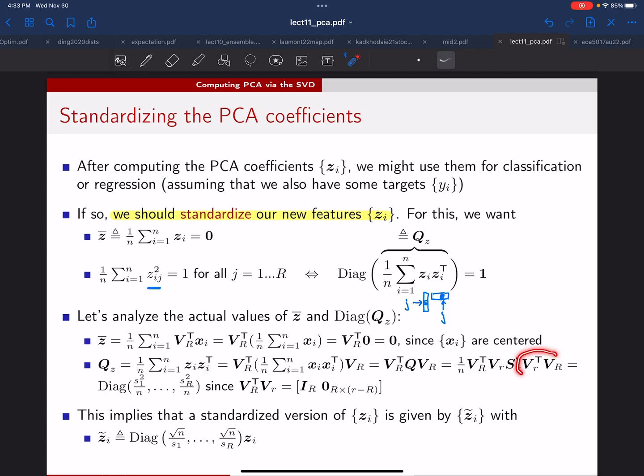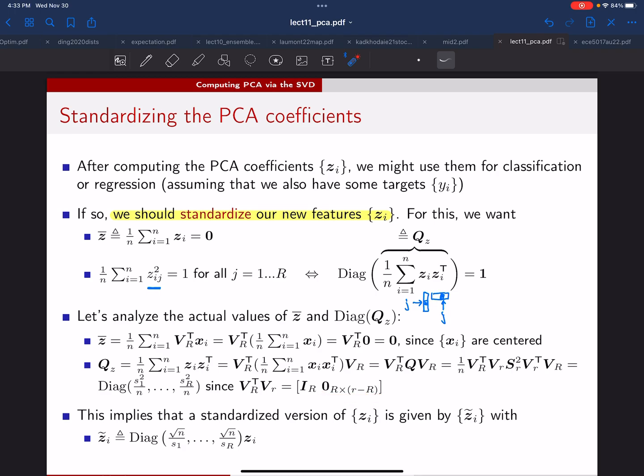So when you do this inner product, you find that the first capital R entries of that matrix give you identity, because that's like VR transpose times VR, which would be identity R. And then there's another part where you're looking at the columns that are not in there, and because of that orthogonality, you get zeros.